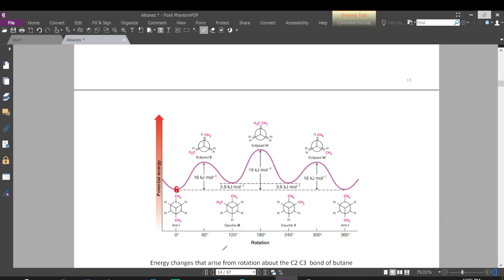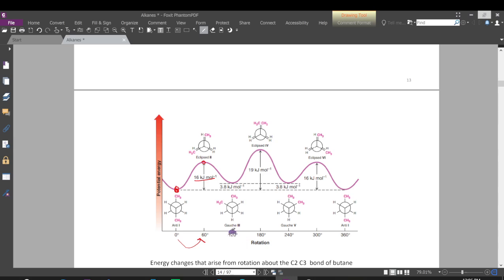Then if we rotate by 60 degrees, this will form the second conformation, the eclipsed form. Here you see that the methyl groups are aligned in the same way, and the energy increases to 16 kilojoule per mole above the anti-conformation.